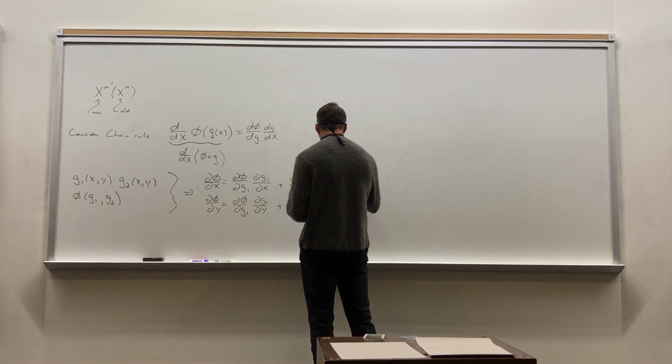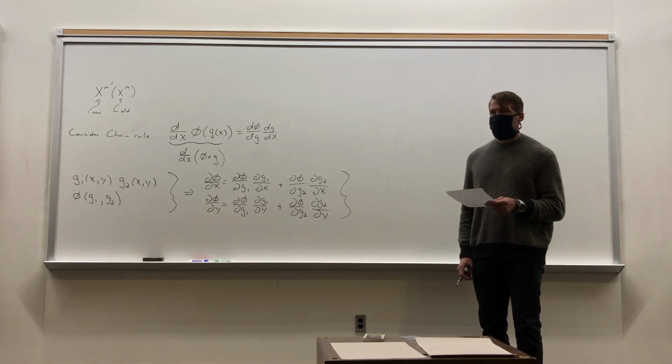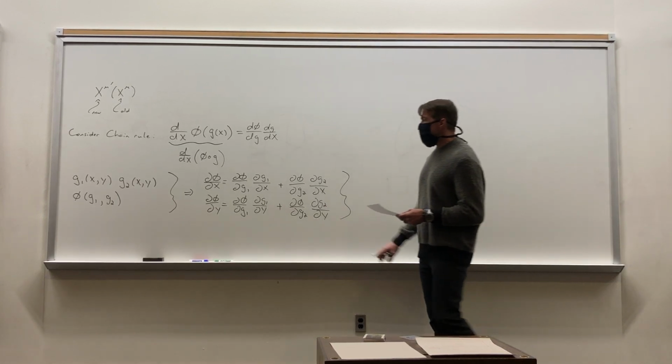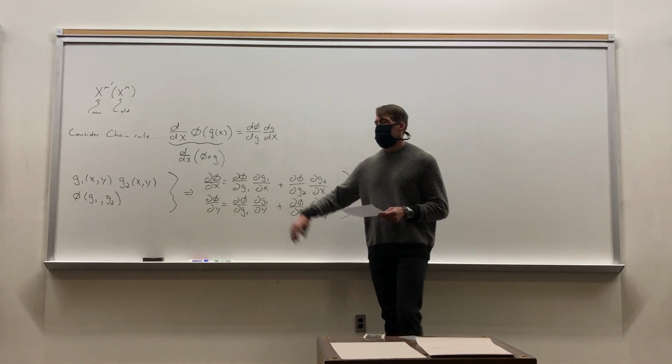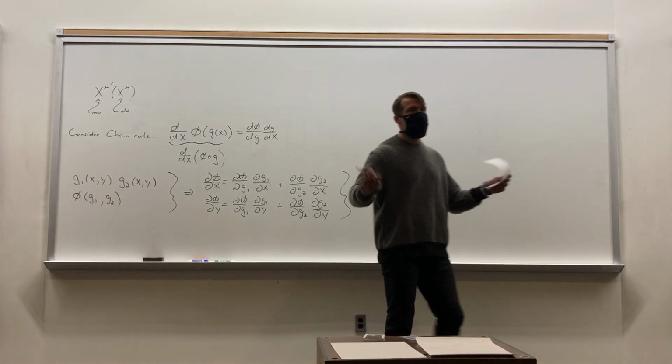Okay, so what I'm going to do is I now want to write this in index notation. That way, I can expand this to four intermediate functions, 4 independent variables. You know, we just go wherever.